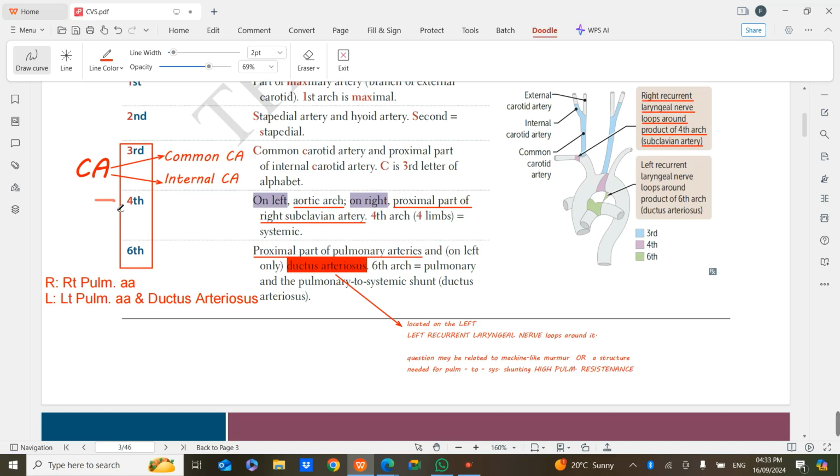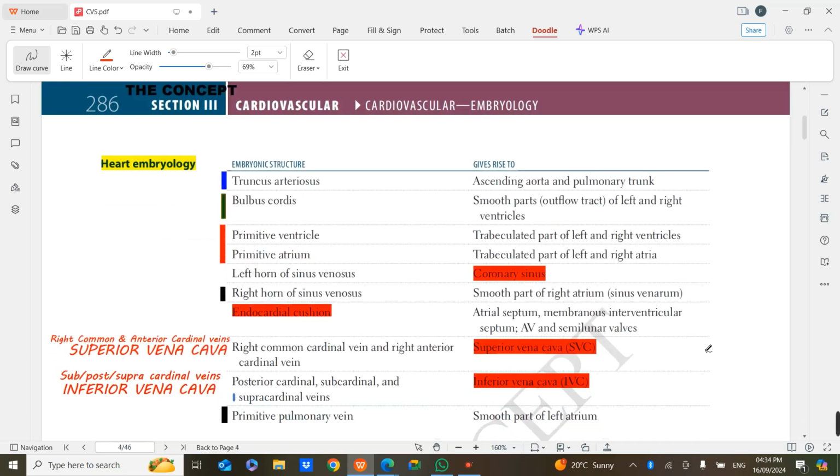Everyone will shout that they've heard of the left recurrent laryngeal nerve more than the right. What does that mean? It means the left is most likely going to be tested. Very simple and straightforward. Sixth arch, never forget that. Ductus arteriosus, never forget that.